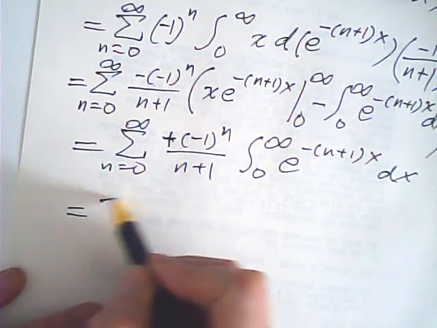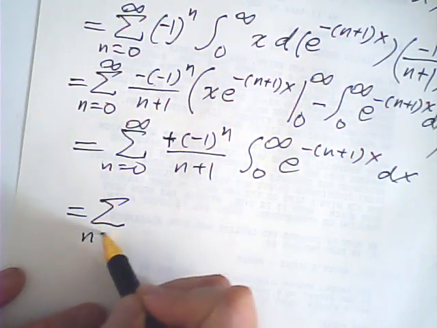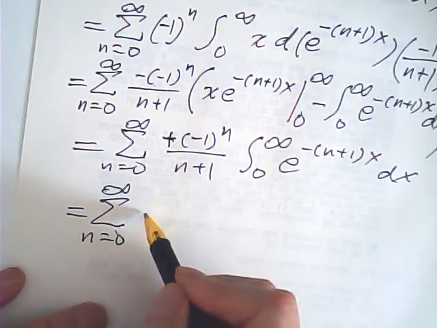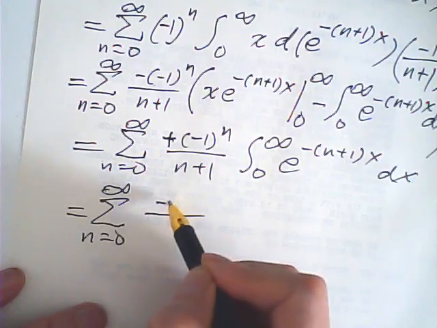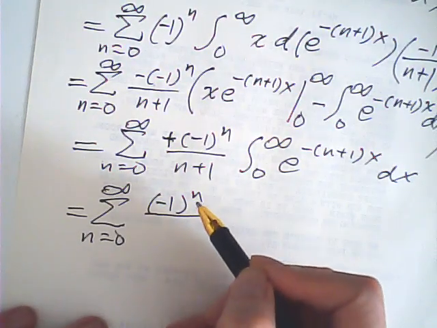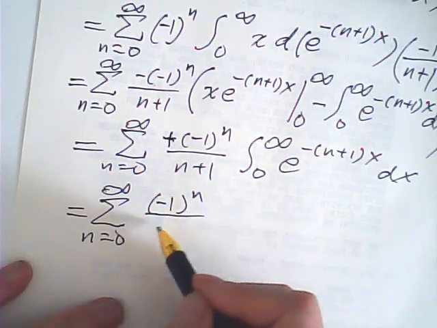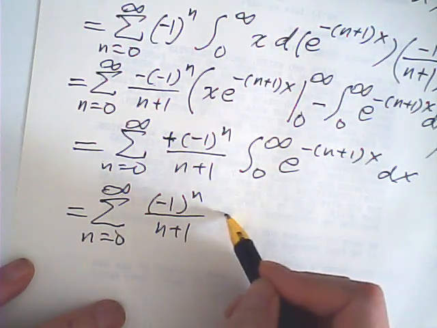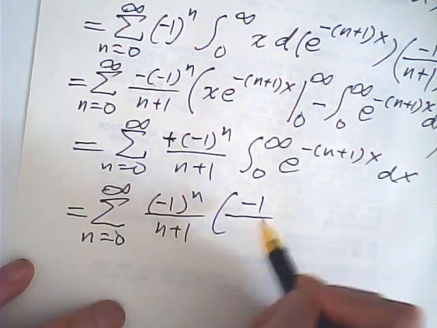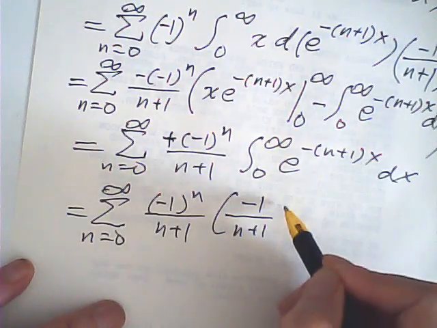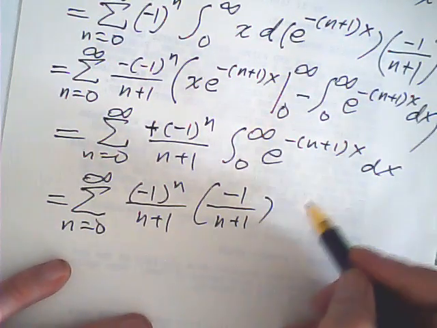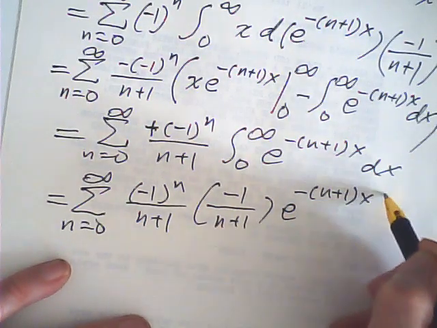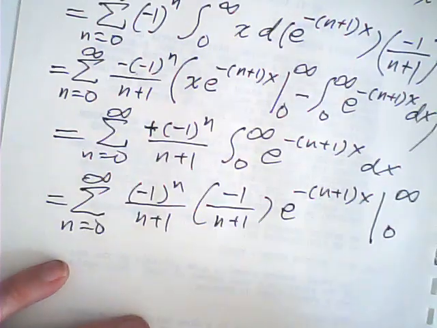Then the sum from n equals 0 to infinity, this is negative 1 to the power of n, and this integral is negative 1 over n plus 1 times e to the negative n plus 1 x from 0 to infinity.